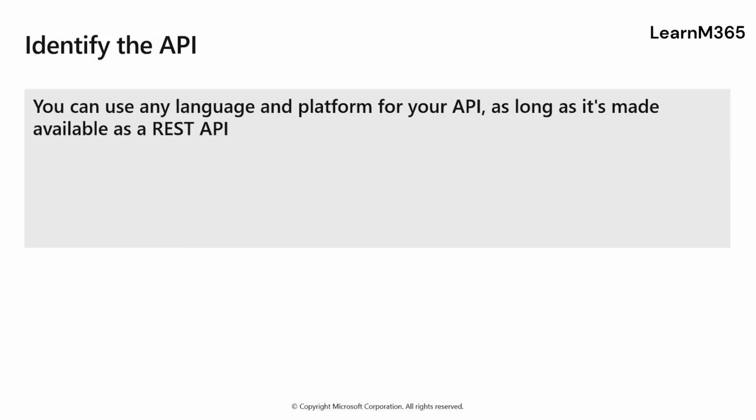If a suitable connector doesn't already exist, then you can make your own custom connector. You can define a custom connector to describe any REST API that is public or private. Private APIs require the on-premises data gateway to access internal resources. So that is our first step, identify the API.